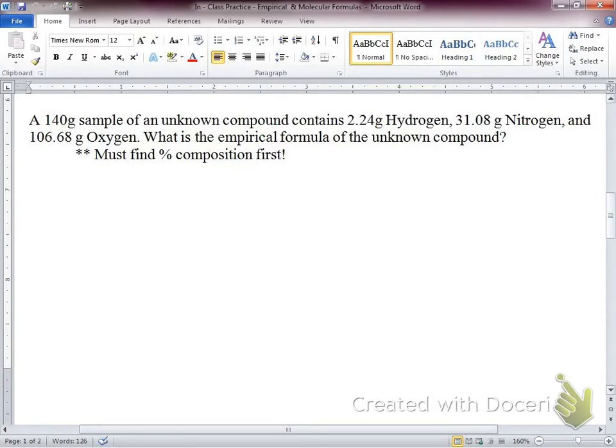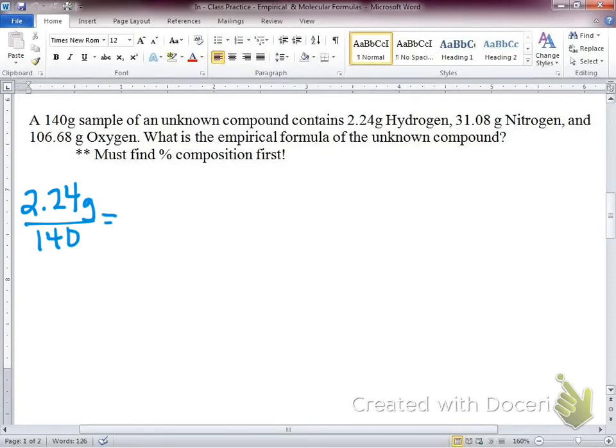To find the percent composition of this, since we don't know its formula, basically what we're going to do is add up all of these grams to find the total amount of substance we're working with. Do we have to add it up since it tells us it's 140 grams? So no, you don't have to add it up since it tells you the total. Our whole sample is 140 grams, and we want to find the percent composition of that substance. So percent composition of hydrogen within this compound, we would take 2.24 grams divided by 140, since that's our total.